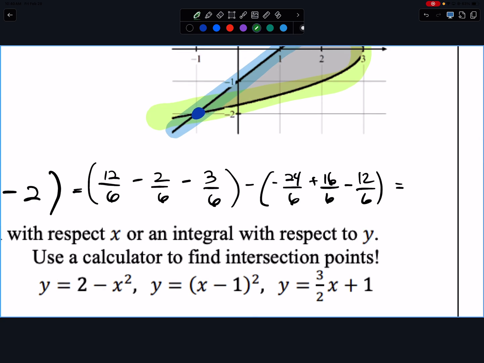So what is this? 7/6. -8 minus 12 is -26. Minus becomes a plus. So this becomes 27/6, which reduces to 9/2. We did this one yesterday, huh? These numbers look familiar.